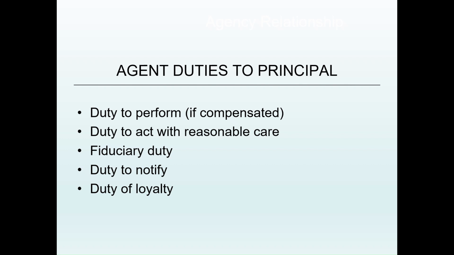They have a fiduciary duty, which is a higher standard than an ordinary duty. They have a duty to notify and a duty of loyalty. So even if you wanted to compare this with being a lawyer who has these same duties to a client, you want to use that as a way to remember what the story is.